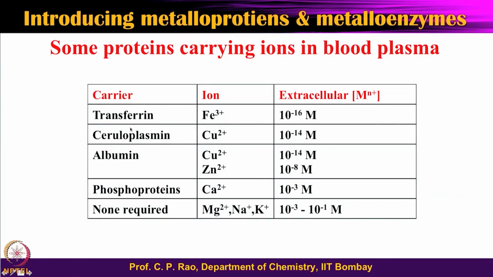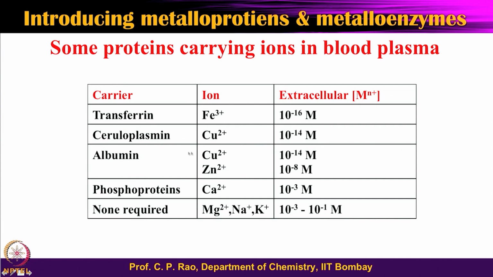So, let us look at the ion transport, general aspects of it. There are different common proteins like transferrin, ceruloplasmin, albumin, phosphoprotein, and some ions like copper, zinc, calcium, a variety of these ions.